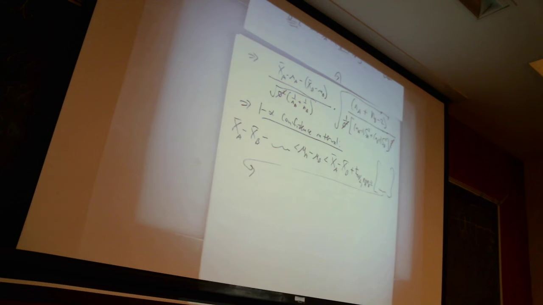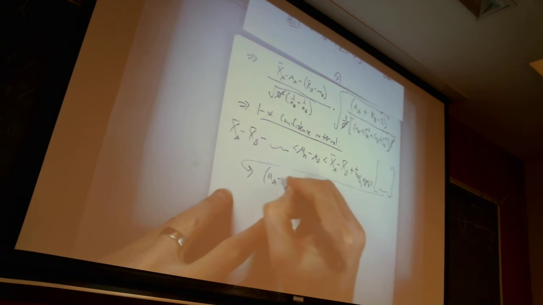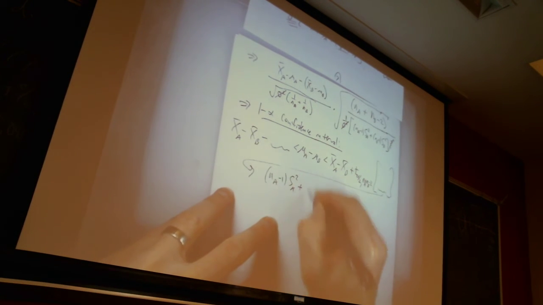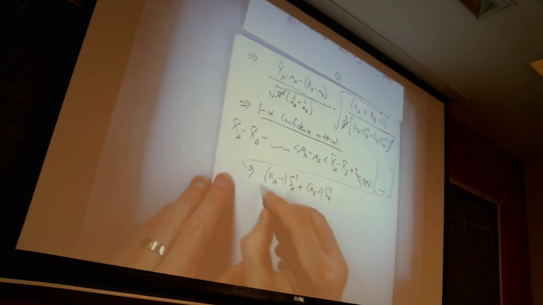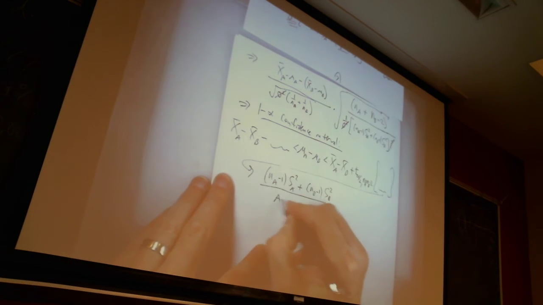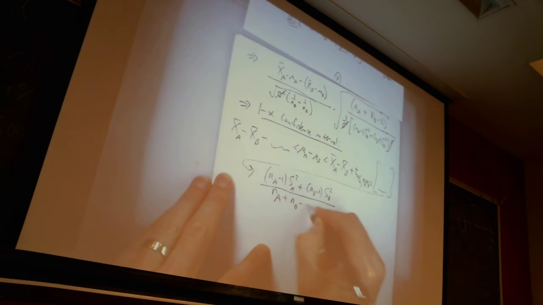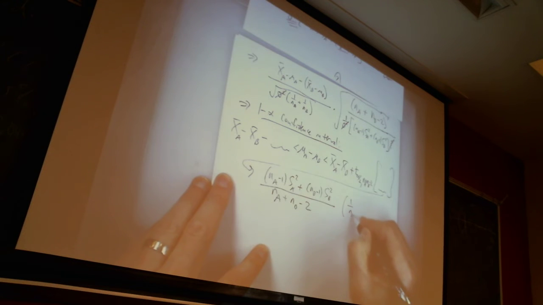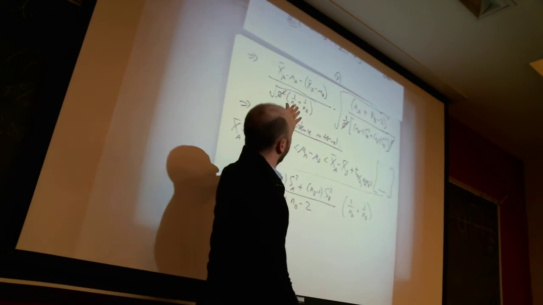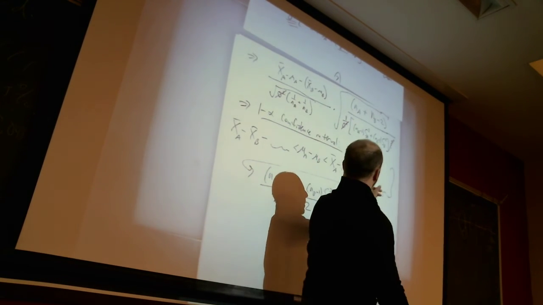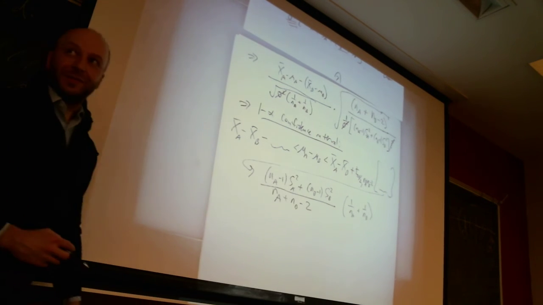So I'm moving this to the other side. I have a factor of NA minus 1 times SA squared plus NB minus 1 times SB squared, divided by NA plus NB minus 2, times 1 over NA plus 1 over NB. That's what comes out of the algebra when you move everything from here to the other side of the estimate.